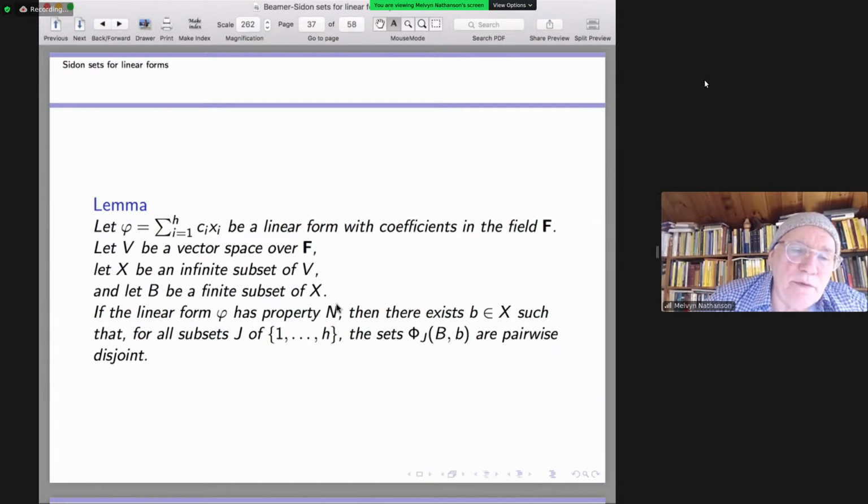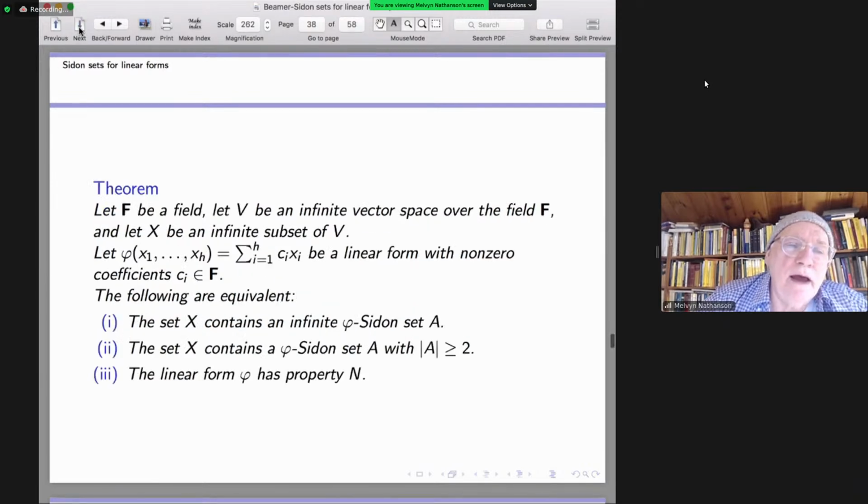That means you can take A, add an element B to it, and these sets are pairwise disjoint. And the point of this is to be able to make the following statement.